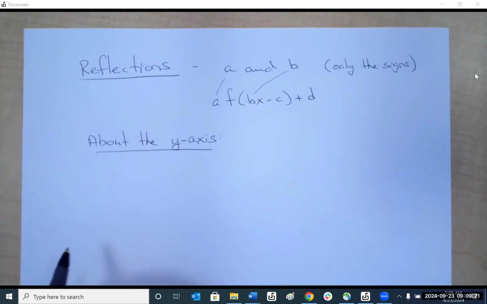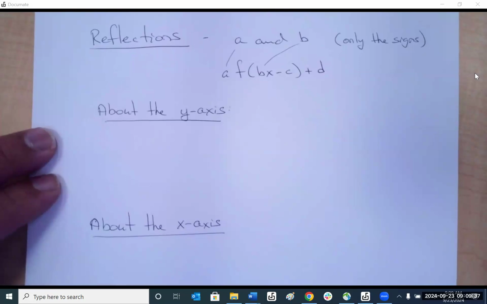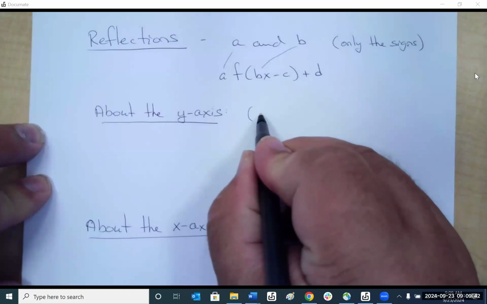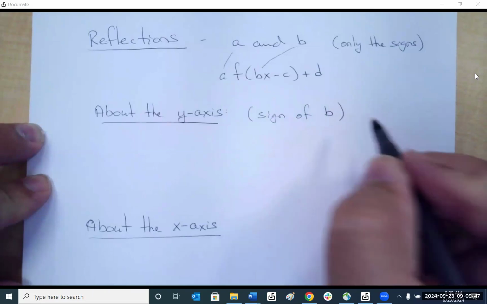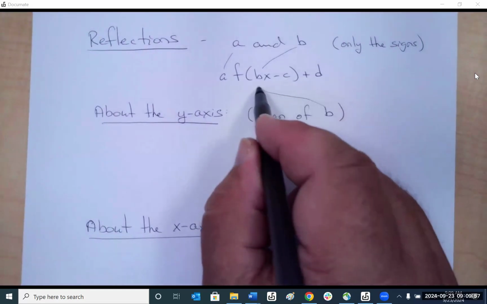Then about the x-axis. If it's a reflection across the y-axis, then it's a change of sign of the b value, the one in front of the x.